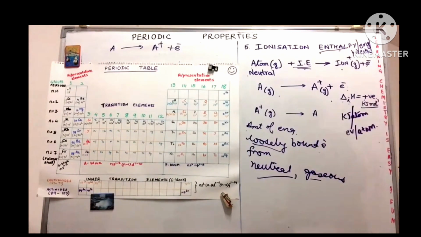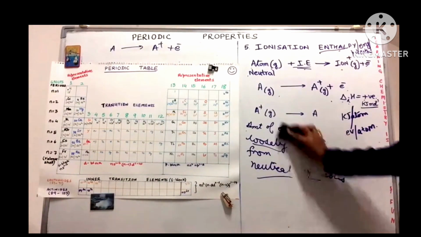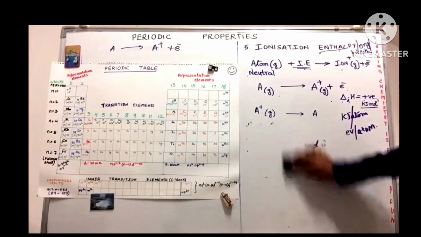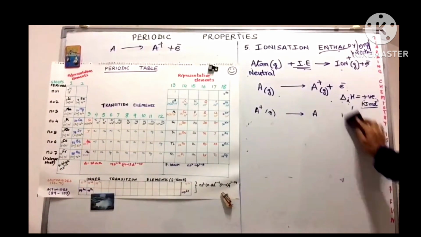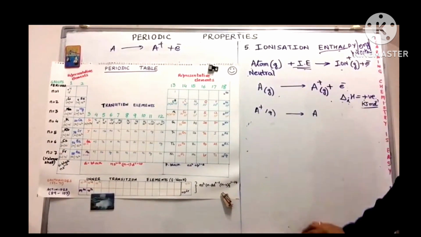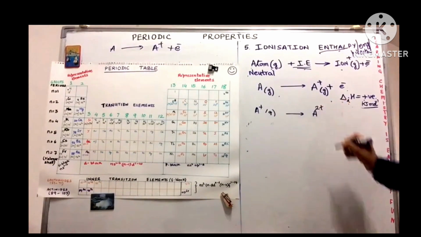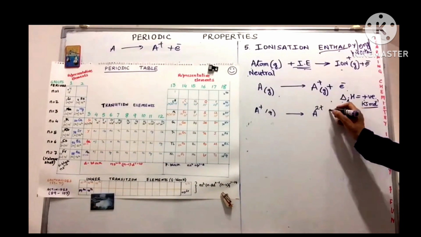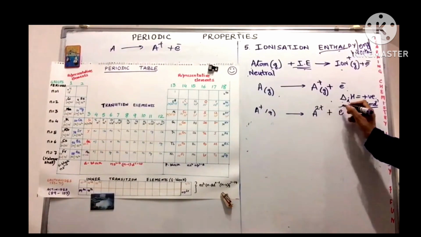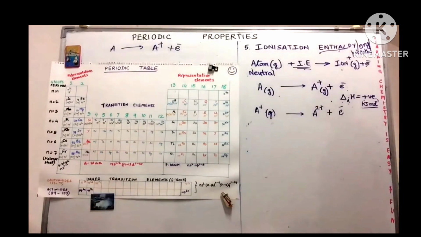What if you remove 2 electrons? Yes, again that can also be ionization enthalpy, right? So what will you call that ionization enthalpy? Yes, it's called the second ionization enthalpy, because in that case it will result in a 2 positive charge and an electron is being removed from an ion over here in the gaseous state.